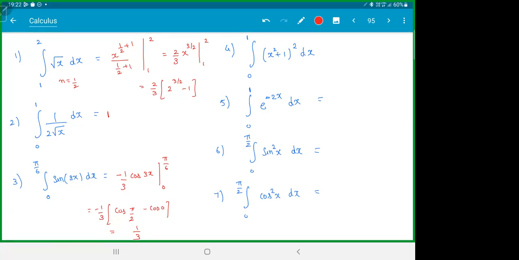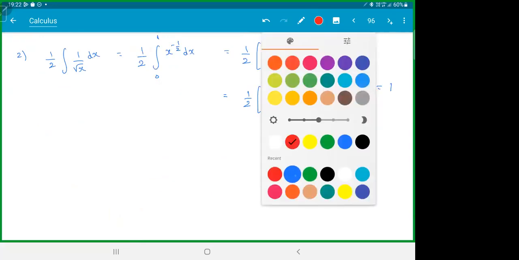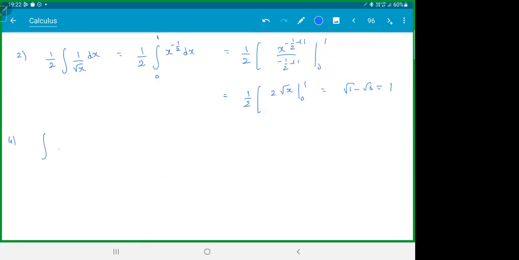Integral (x square plus 1) whole square dx. Limits are from 0 to 1. Expand this. This will be x power 4 plus 2x square plus 1 dx. The integral of x power 4 is x power 5 by 5.